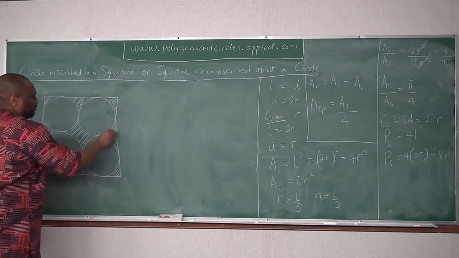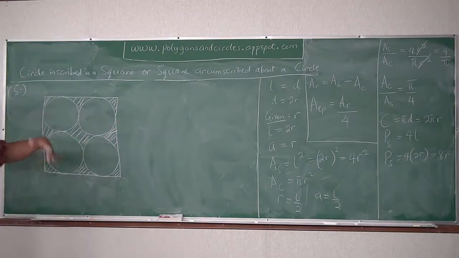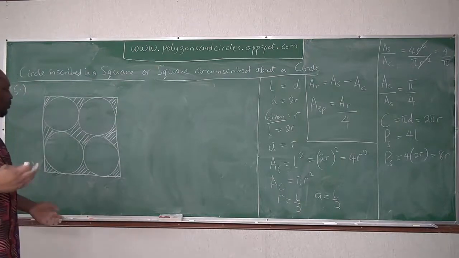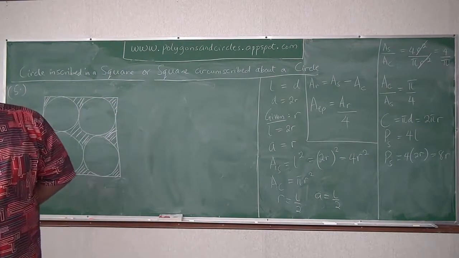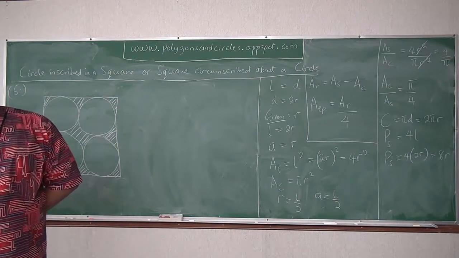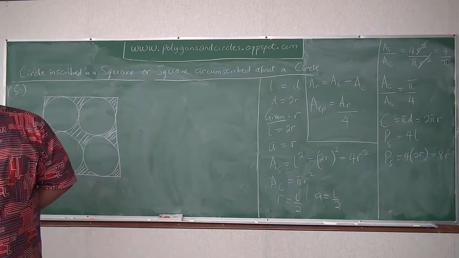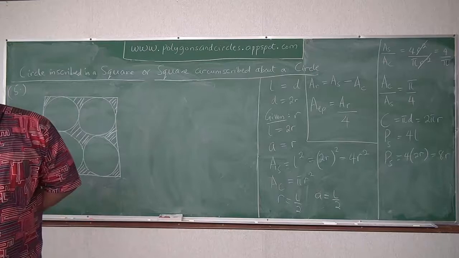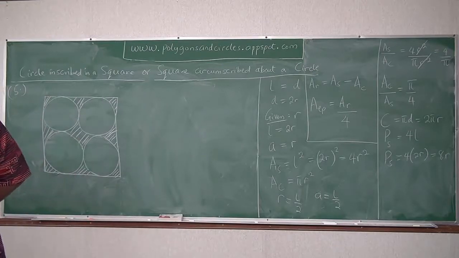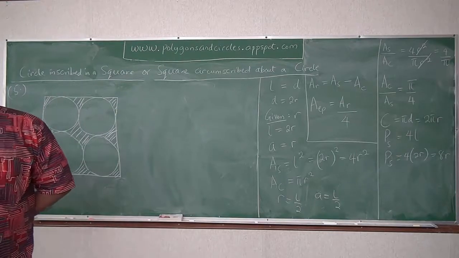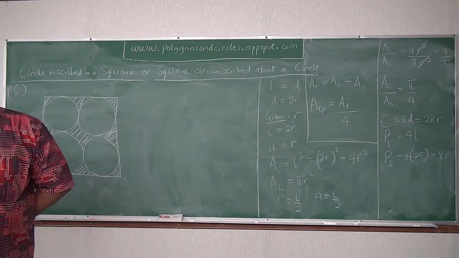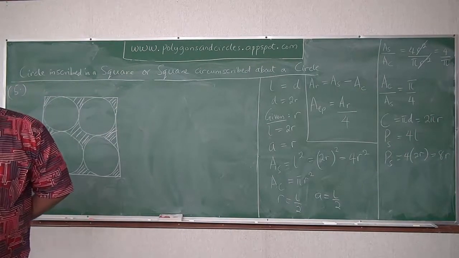This is just another variety where we'll apply the same principle. The question says, question 35, an 8-foot square sheet of tin, from which 4 identical circles are cut, is shown below.